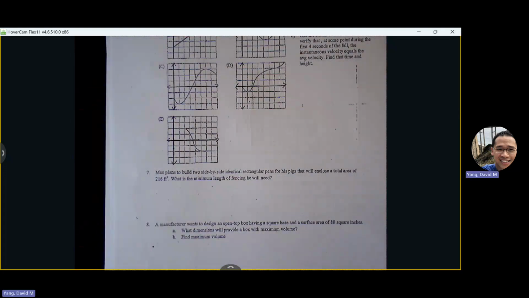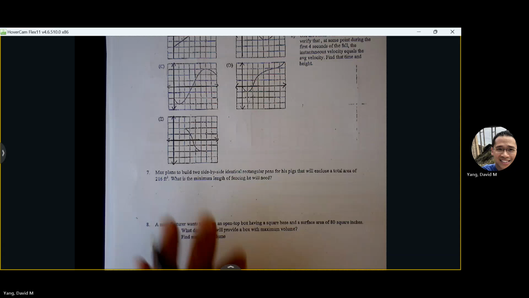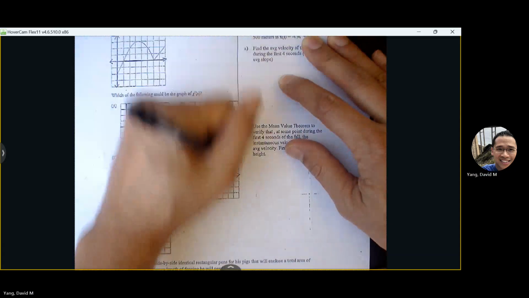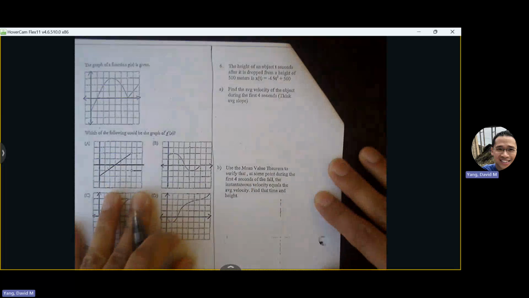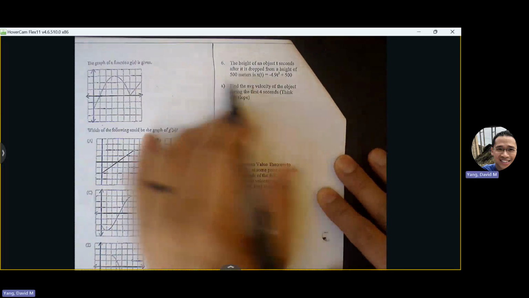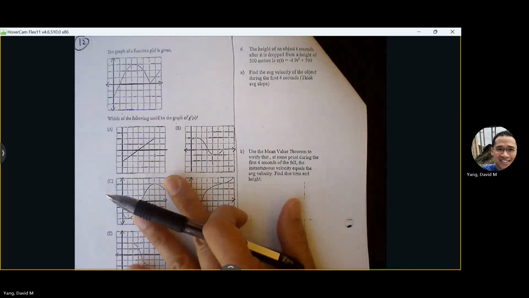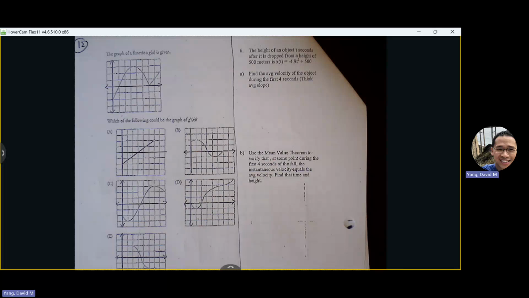Okay, page 12. There's a problem here that's on the side. This is going to be number 6. This is mean value theorem, sorry. Okay, I'll put this on a separate sheet.